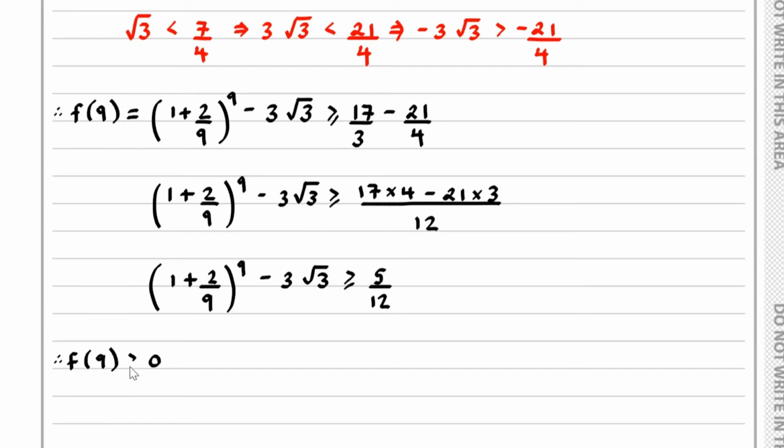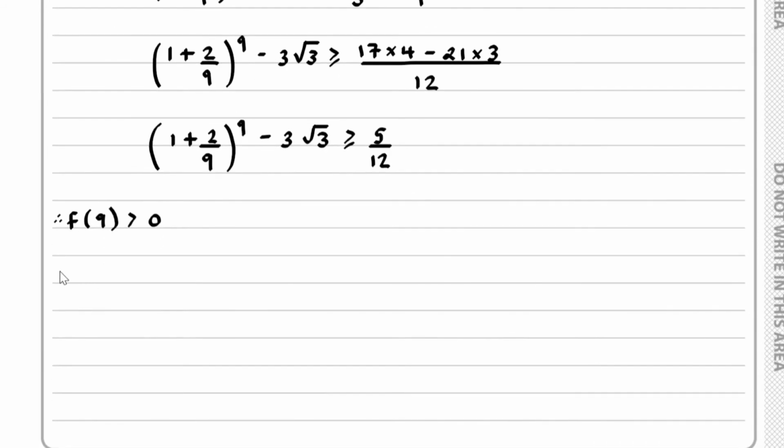So now what we need to somehow do is show that f of 10 is going to be negative. So if we work out what f of 10 is, we've got 1 plus 2 over 10 to the 10 subtract 3 to the power of 10 over 6.